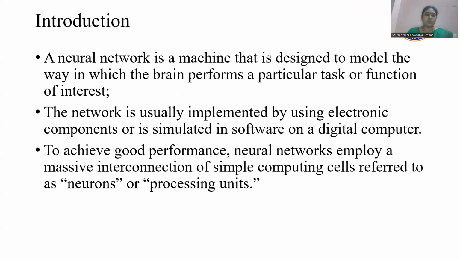To achieve good performance, neural networks employ a massive interconnection of simple computing cells referred to as neurons or processing units. Here, the neurons are represented as the cells which are present in the human brain. So to replicate the neurons, we are going to use the perceptron in ANN, artificial neural networks.